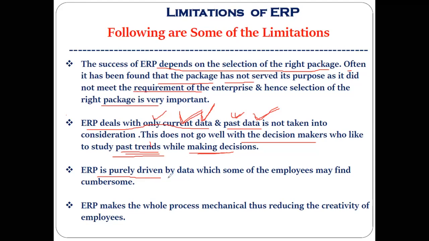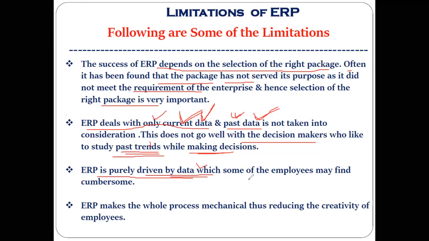ERP is purely driven by the data. Means what? If the data is not available, then ERP cannot do anything for that particular business. If the data is not available, then ERP cannot perform its functionality. ERP cannot give you the kind of advantages that you are expecting. Understood.